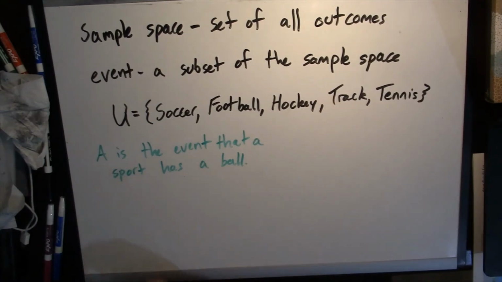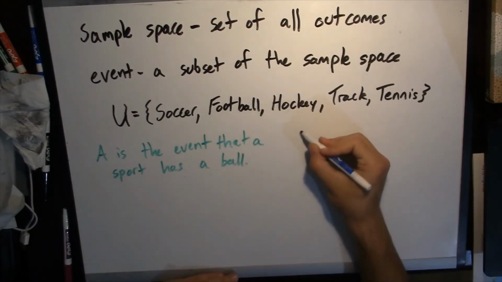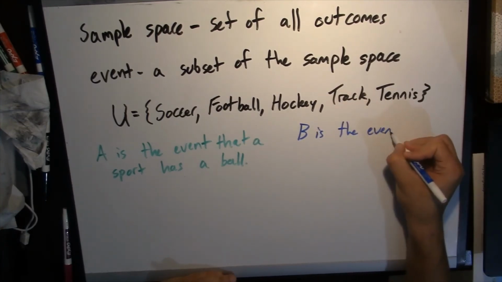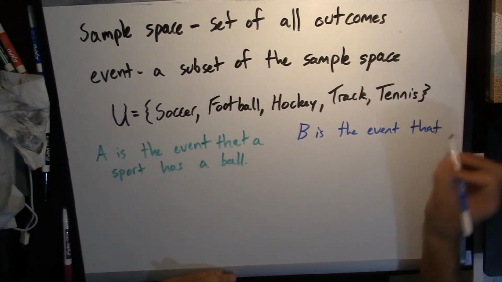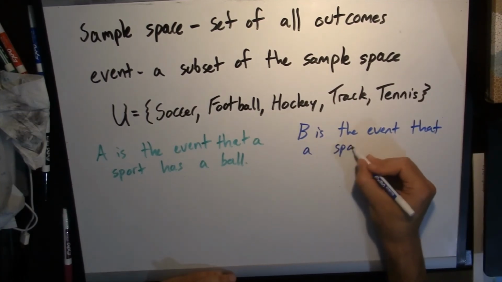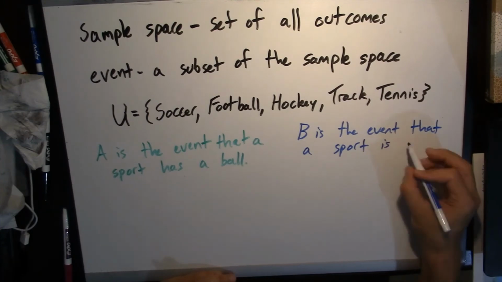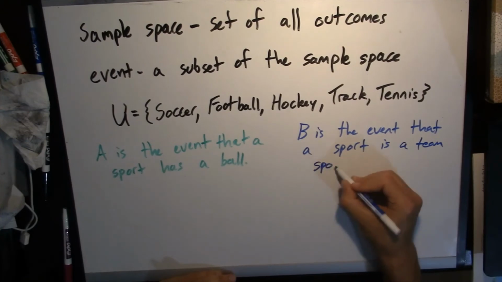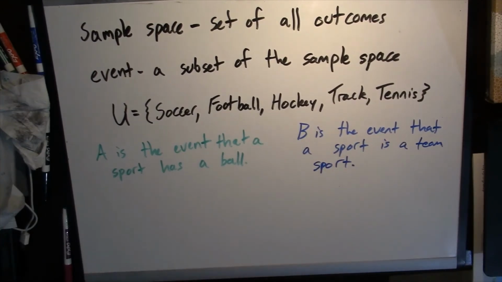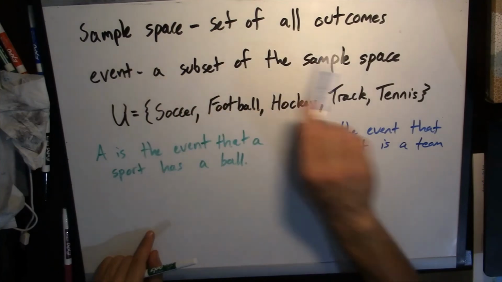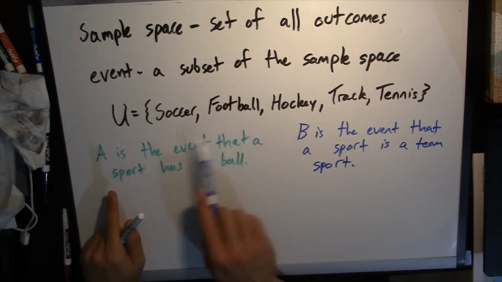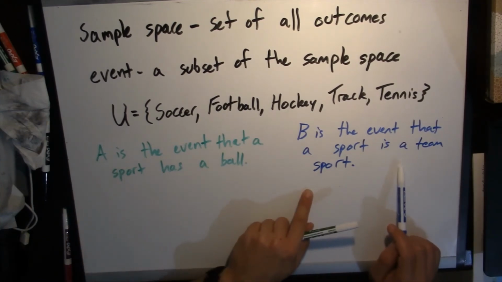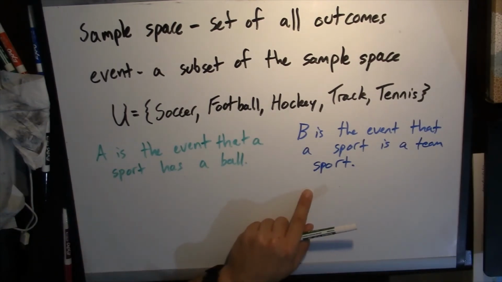And B is the event that a sport is a team sport. Both of these are going to be subsets of the sample space. The set A will be all of the sports that use a ball. B will be a subset that has all the sports that are team sports.